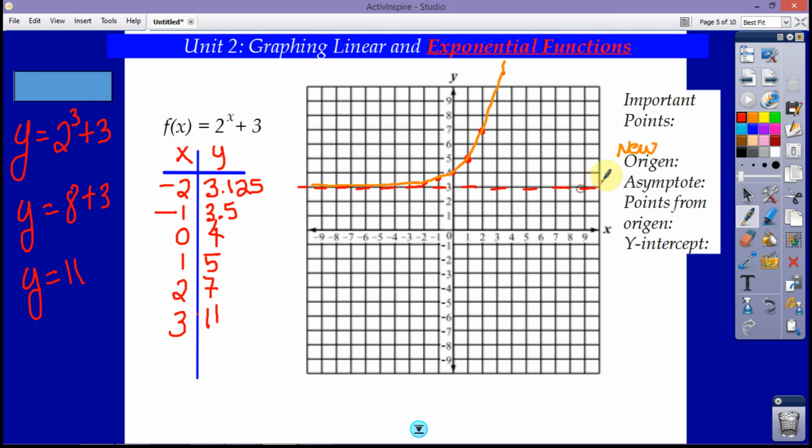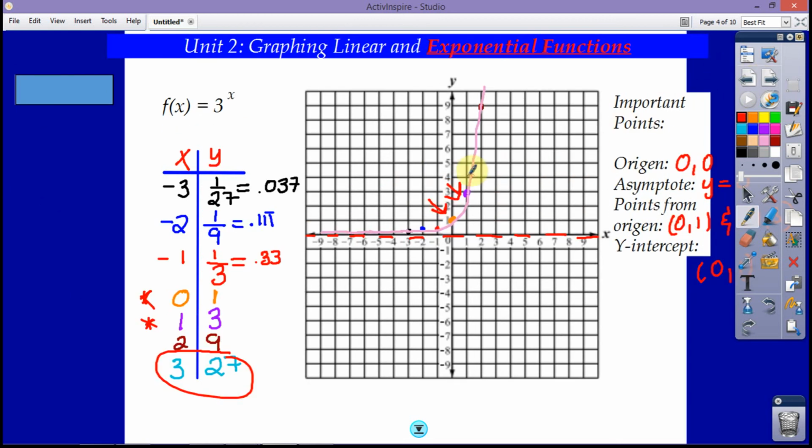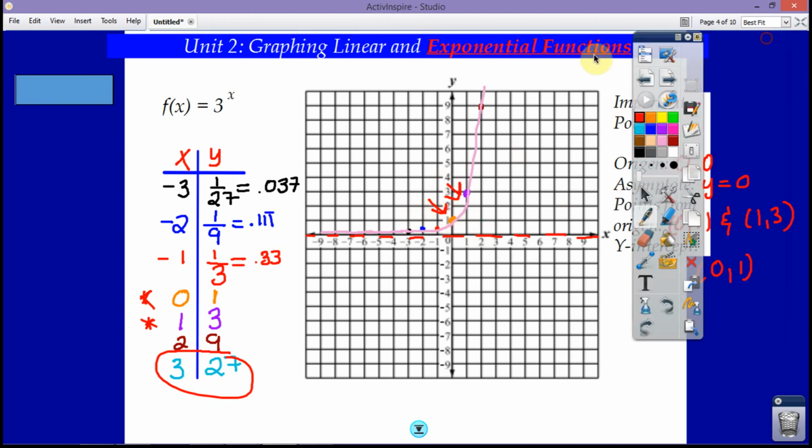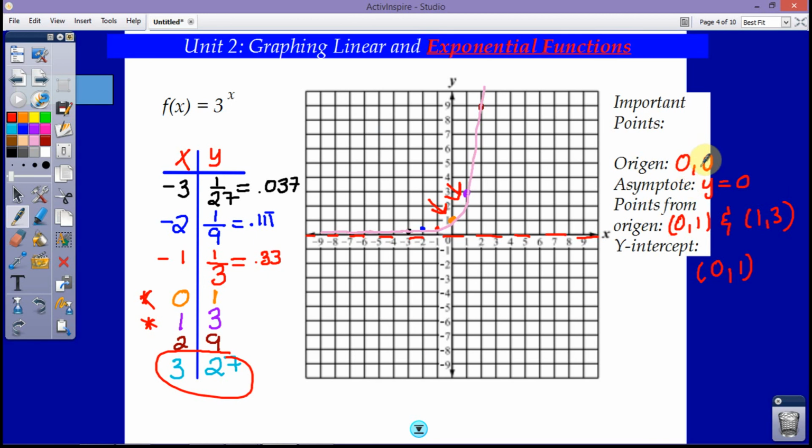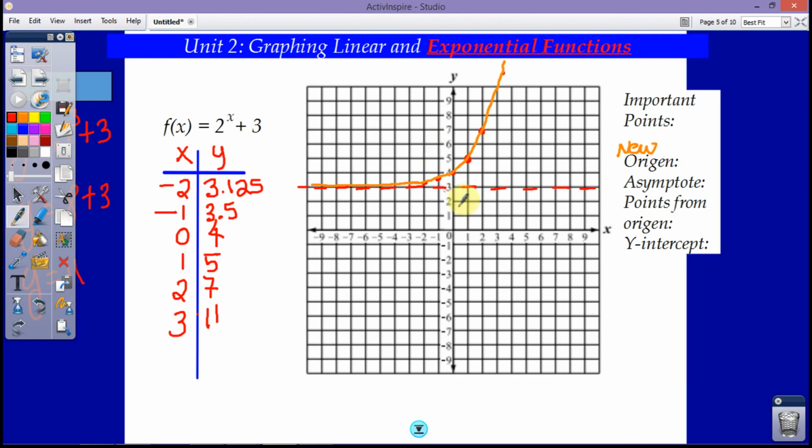Let's go back a little bit because I want you to see something. You notice how the origin was through 0 and the asymptote was also at 0? So the origin and the asymptote should be in the same place. So over here, the new origin will be right here on y equals 3.